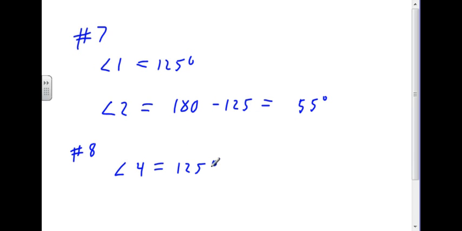Name 3 pairs of complementary angles. 3 pairs from the figure below. Number 9, we're looking at figure 2-15. So I want 3 pairs of complementary angles.